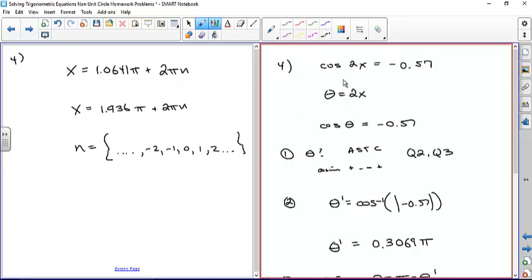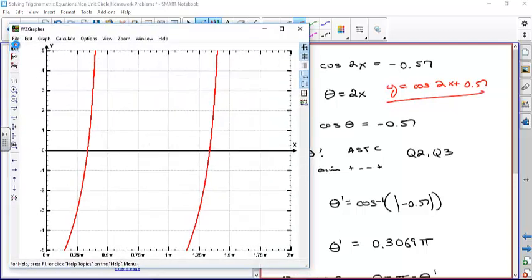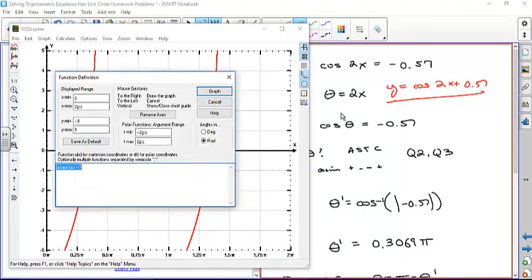Oh, this one here, cosine of 2x. Yeah, that's the one I wanted. So what I'm actually going to plot is y equals cosine of 2x plus 0.57. Okay, and I'm going to find out where that intersects. And it should be in the 4 places that I figured it out.